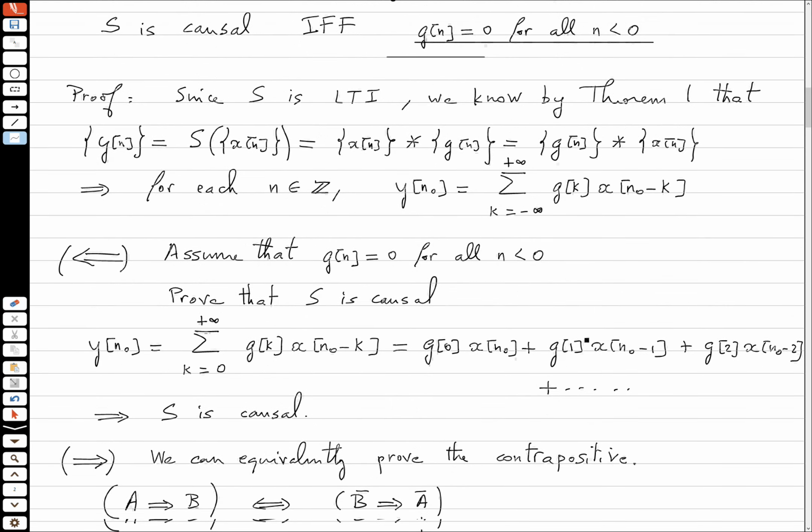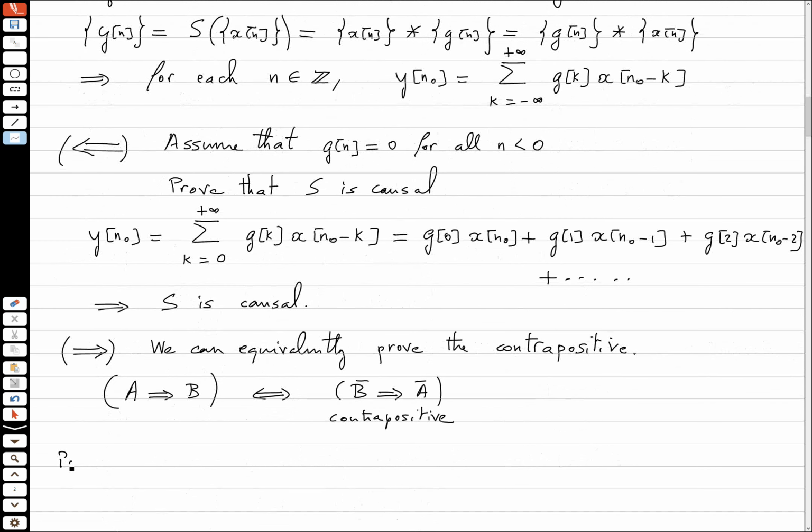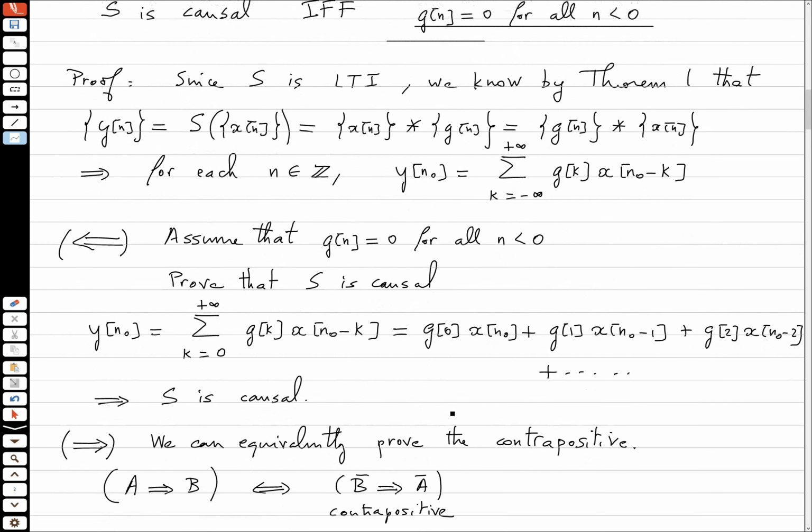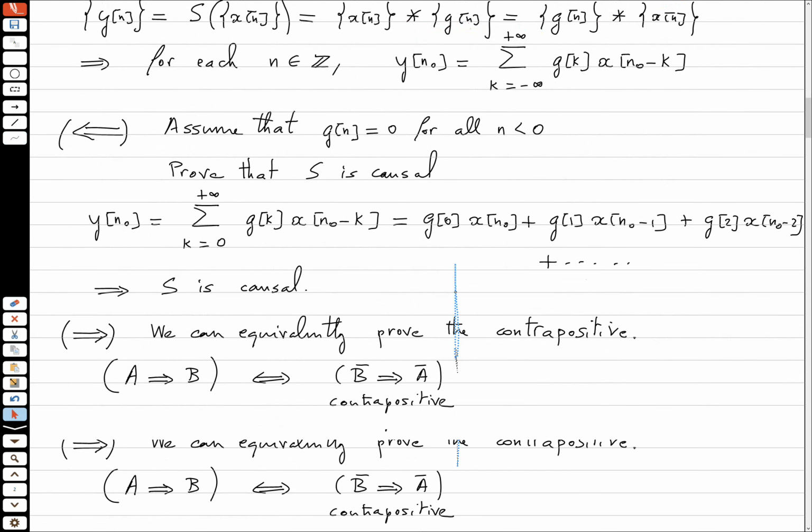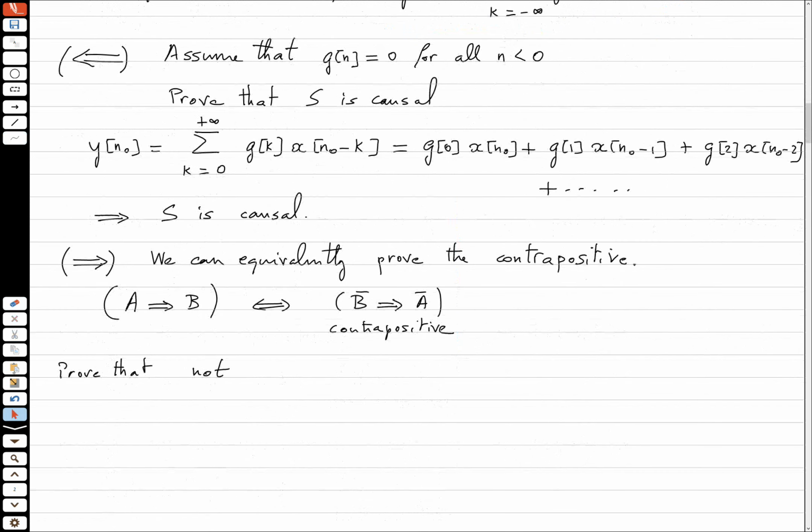All right? So prove that not this implies S is not causal.